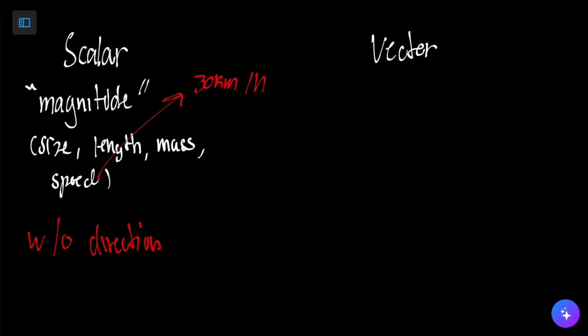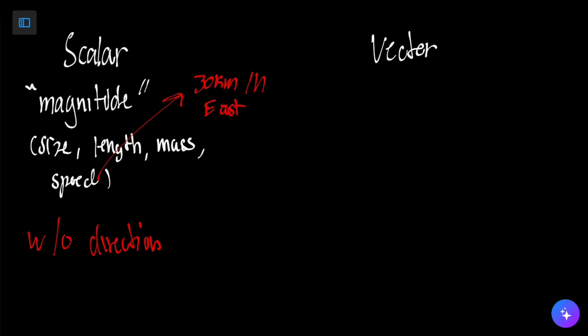But if you add a direction there, let's say this object is moving 30 kilometers per hour in the east direction, now that is no longer a scalar quantity, but what you call a vector quantity.